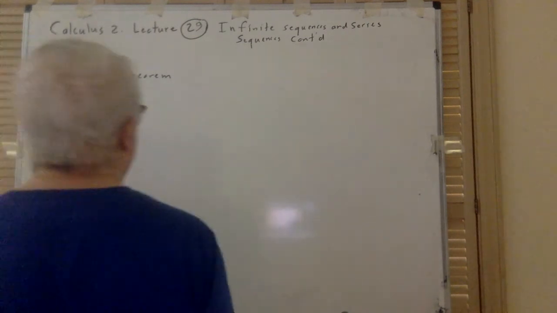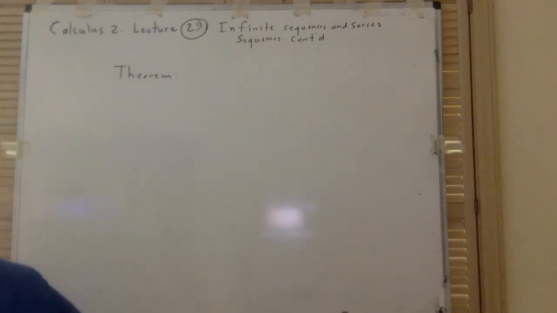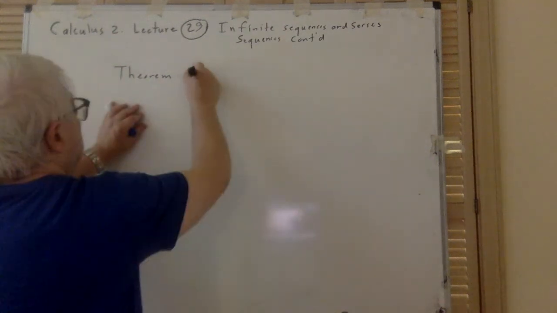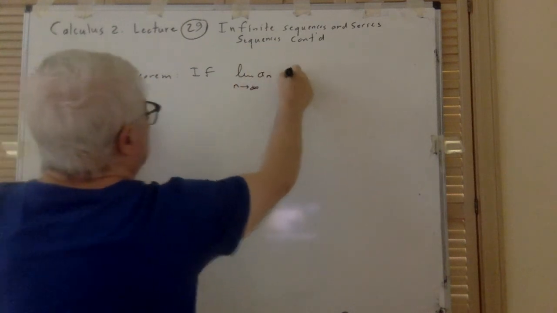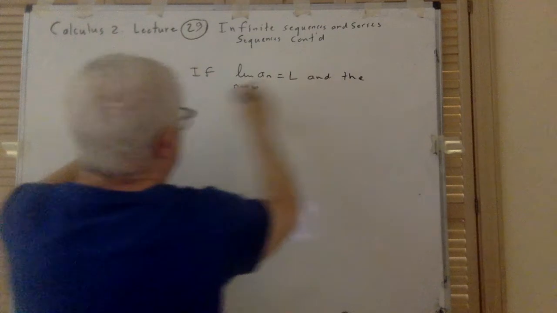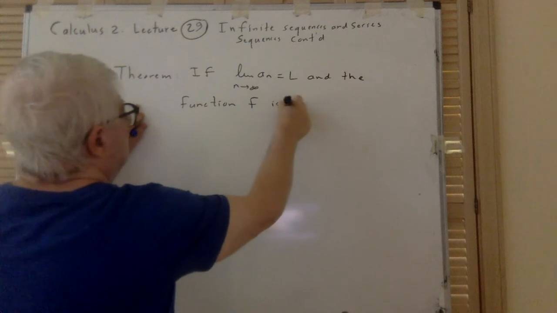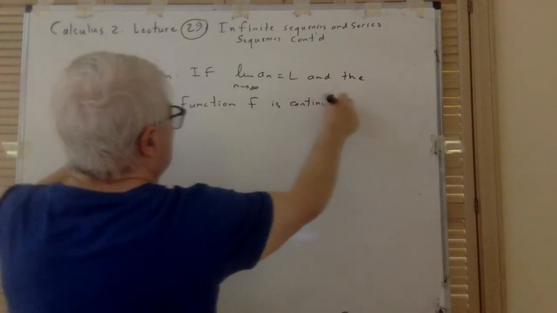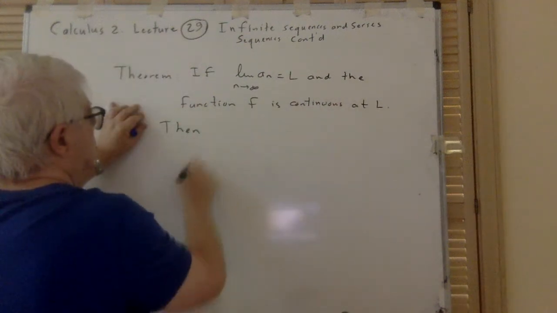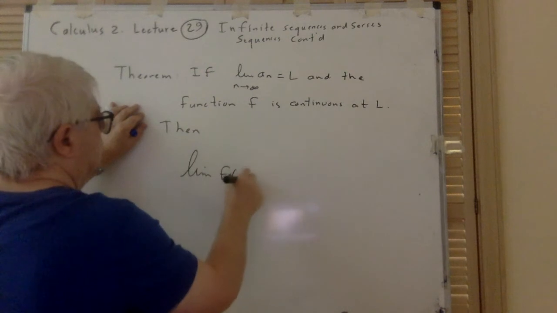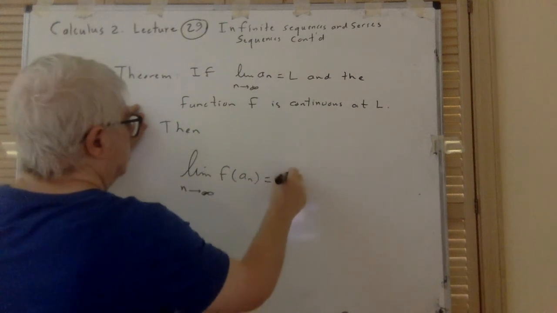So, another theorem: if the limit of an as n goes to infinity is L, and the function f is continuous at L, then, and this is important, the limit of the function applied to an as n goes to infinity is in fact f of L.